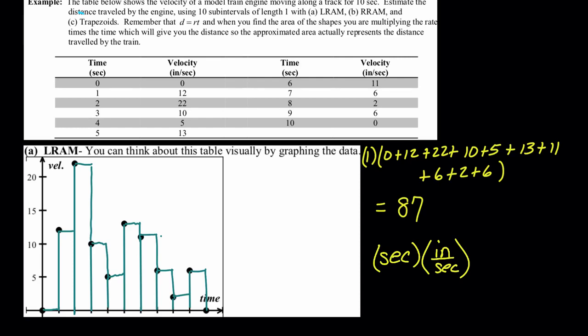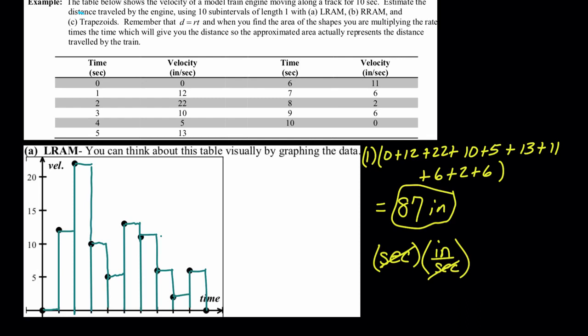Now, if we multiply base times height on each of these rectangles, the seconds will cancel out, which leaves us with inches. That means the area of each rectangle is a measurement given in inches. So this calculation for area is actually a unit of measurement of inches, not a square unit.